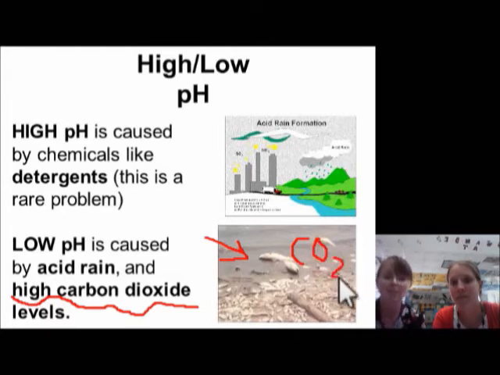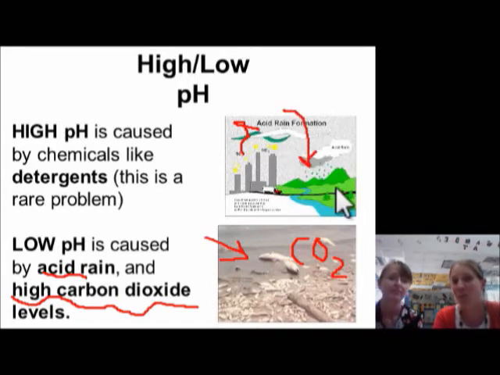Okay. Lowering the pH. And the other thing that we'll be talking about more later is this idea of acid rain. When we burn fossil fuels from factories and release chemicals up into the air, sometimes those chemicals can combine with water and then fall back to earth as acid rain, and they can also lower the pH. So those are our two big things.